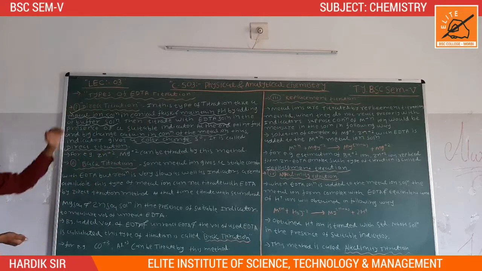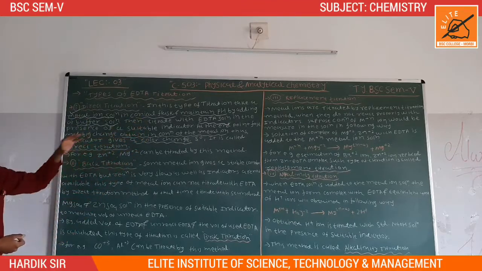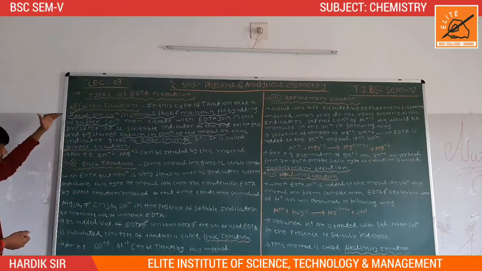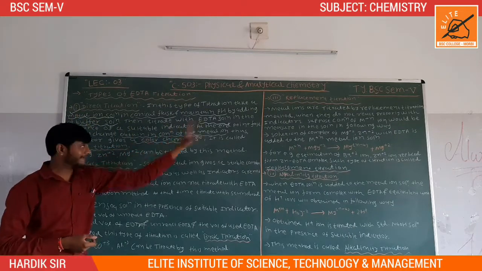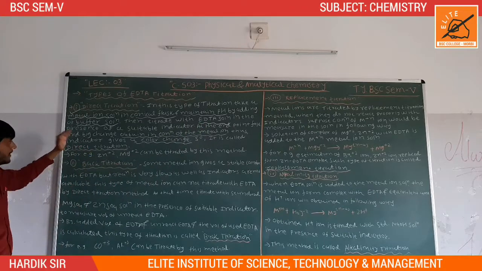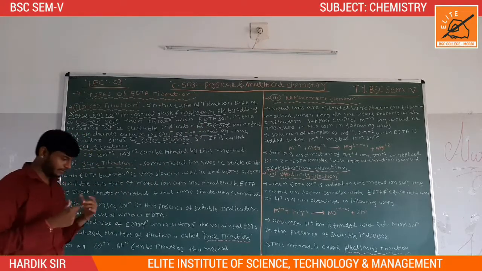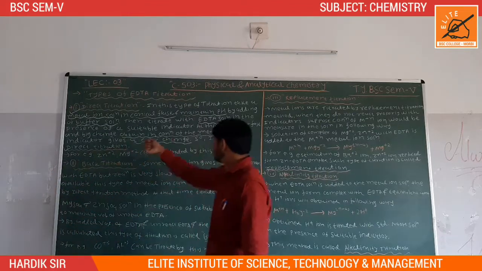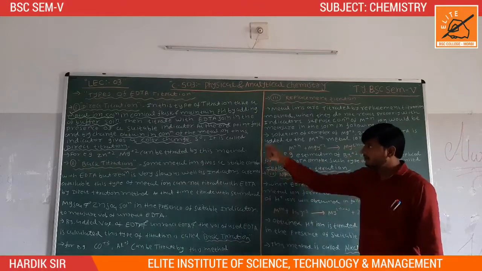So first of all, we take the metal ion solution in a conical flask and maintain the pH by adding the buffer solution, and then titrate with the EDTA solution in the presence of a suitable indicator. At the end point, there is a big change in the concentration of the metal ion and the indicator gives a color change.